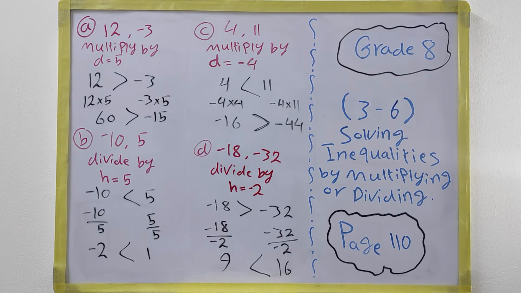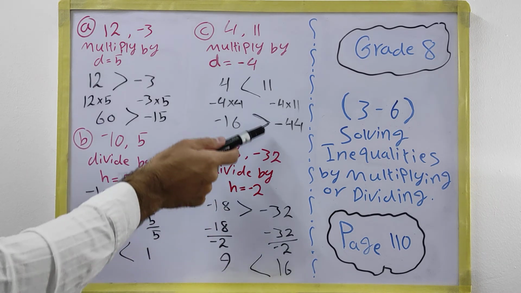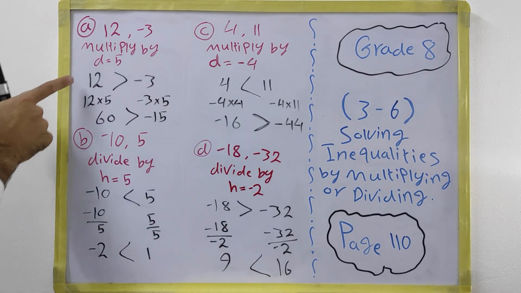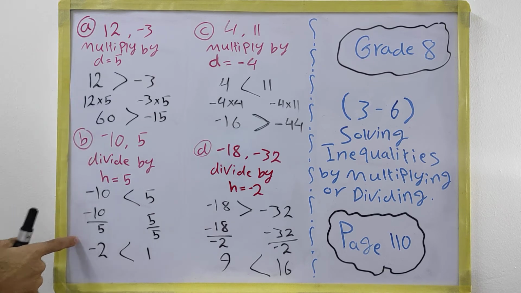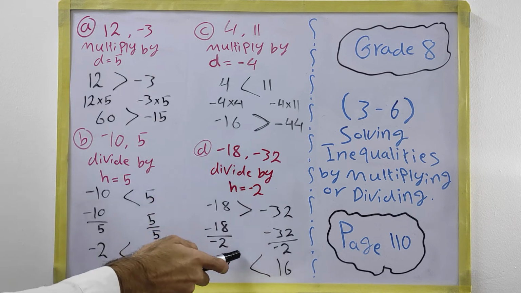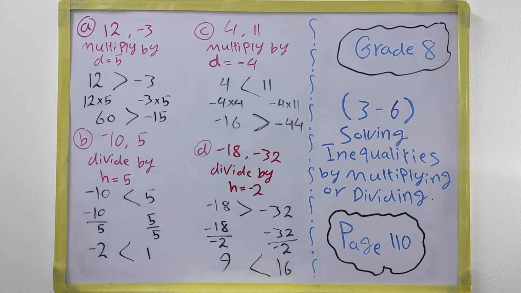If we multiply or divide by a negative number, the sign would be changing, like in these two examples we had. Multiply or divide by positive number stays the same. Multiply or divide by negative numbers, the sign would be changing.